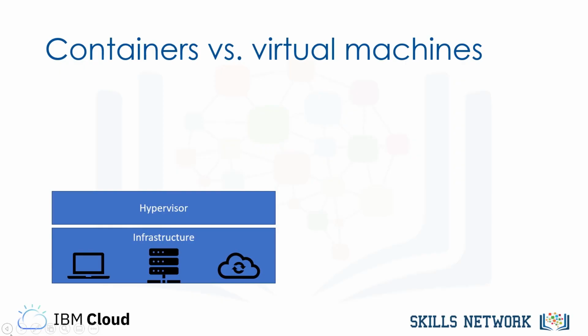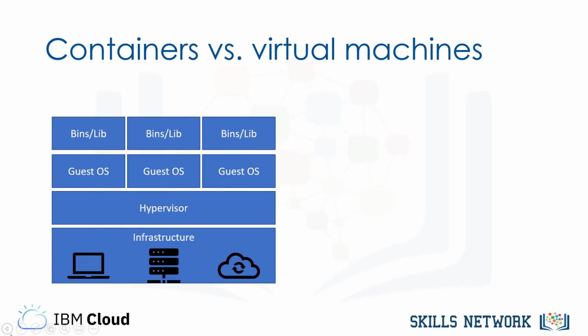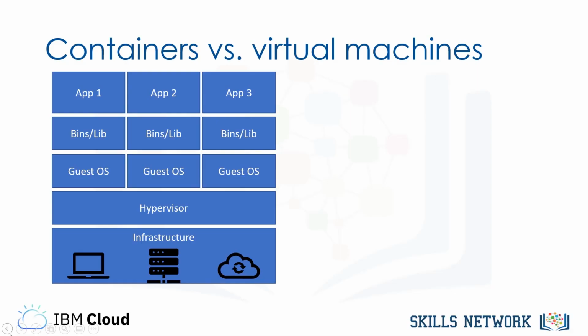In this model, the hardware is virtualized so that multiple machines with potentially different operating systems can run on the same physical hardware. As the diagram shows, each virtual machine has its own operating system. In addition, binaries and libraries are present in the virtual machine, which enables the execution of applications.